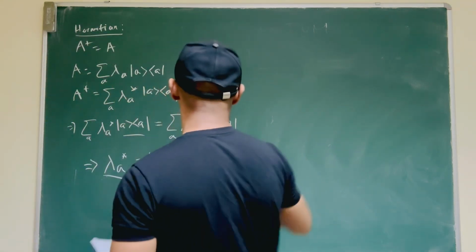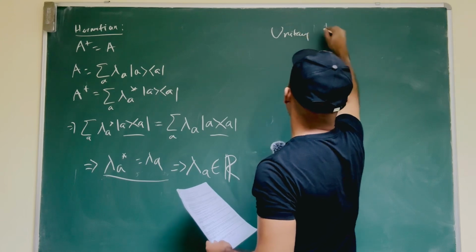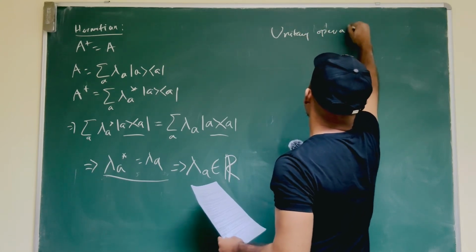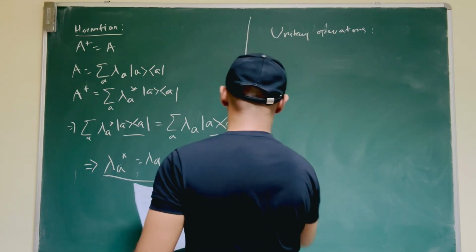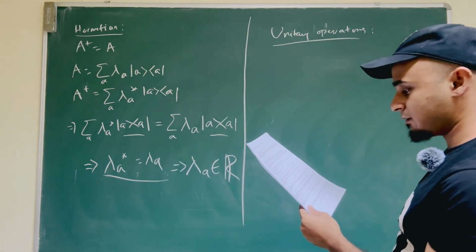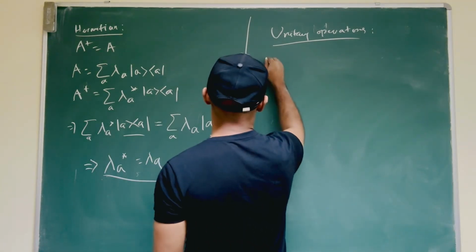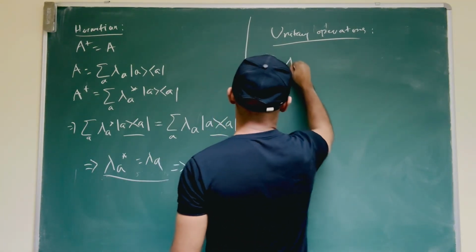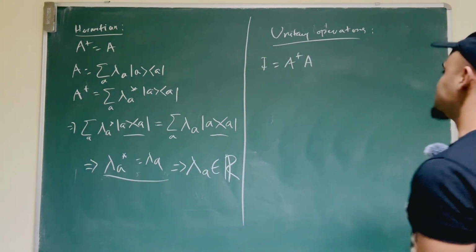So for unitary operators, let's see what we get from the spectral decomposition theorem. We know that for unitary operators, I equals A dagger A. That's the definition of unitary operators.